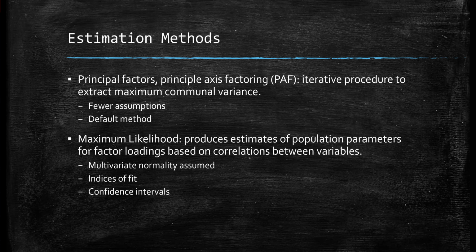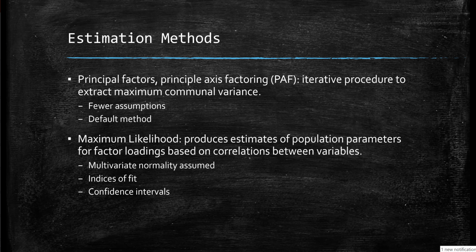Now, maximum likelihood estimation is another fairly commonly used procedure that estimates the parameters, the factor loadings, in a manner that attempts to determine the population parameters that will be most likely to result in the data that you have in your sample. So this has the assumption of multivariate normality, which makes it a little bit more restrictive, but not terribly so.